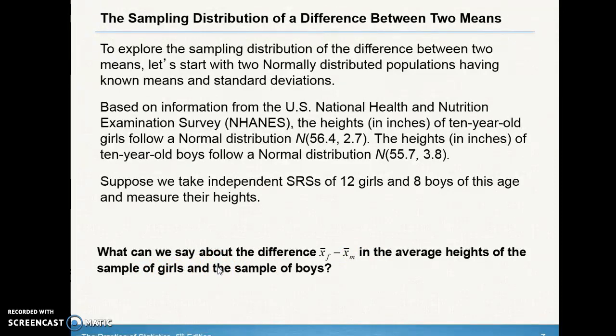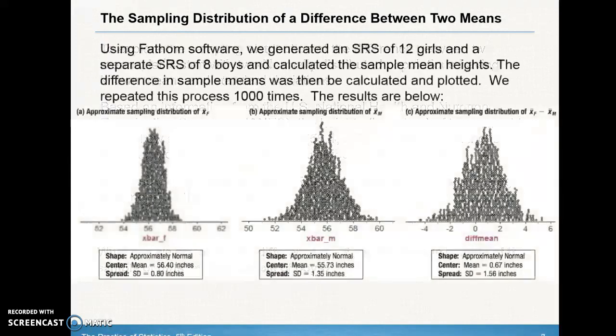So we're saying here, is there a difference between the two heights? Now, this is not matched pairs, once again, because we have two different populations. Population 1 is girls and population 2 is boys. And we're not doing a before minus an after. We're checking to see, is there a difference in the two population heights?